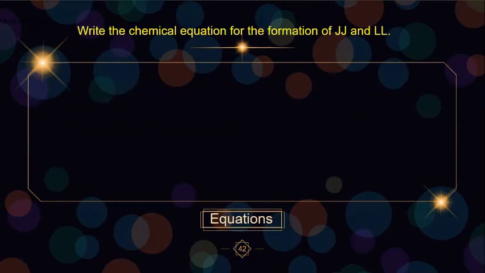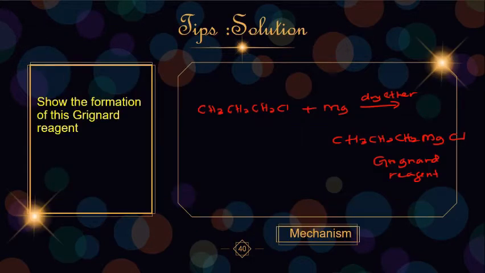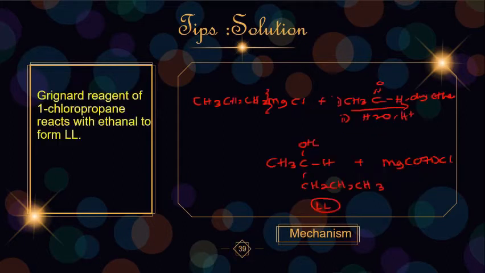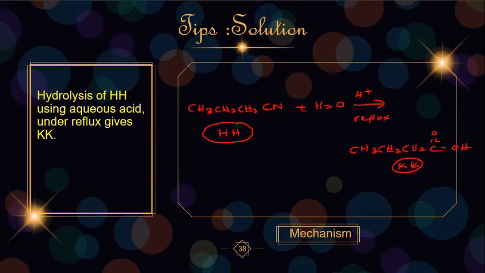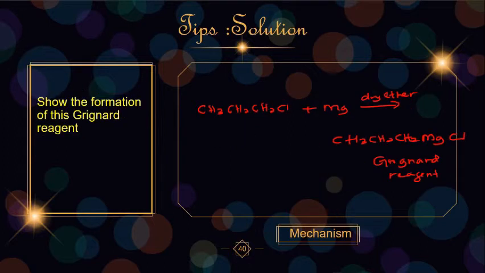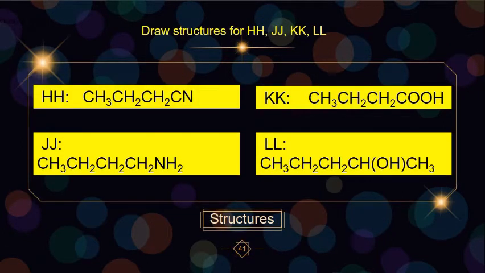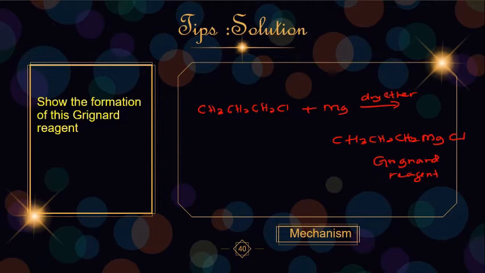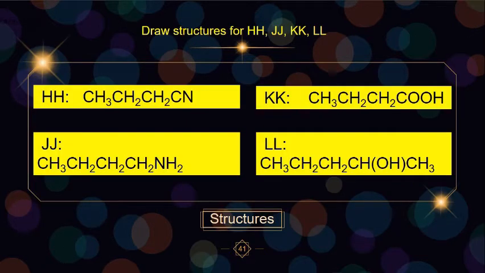Okay. So tadi dia kata write the chemical equation for the formation of JJ and LL. Okay, kalau tengok kat sini, dia nak suruh formation of kepada LL. Okay, di mana you punya formation tadi untuk Grignard reagent adalah from the JJ kepada, okay, kita tengok from the JJ nak pergi kepada LL.